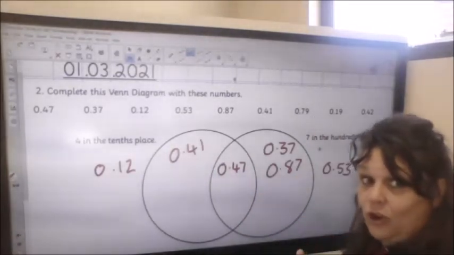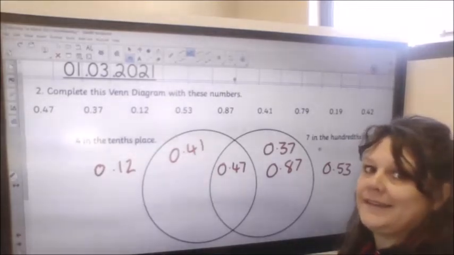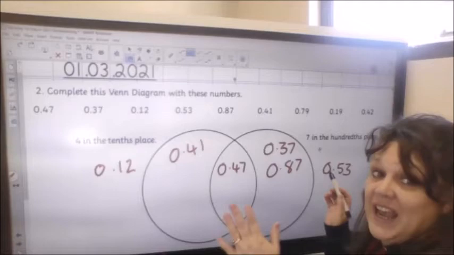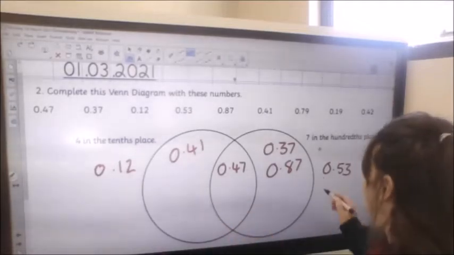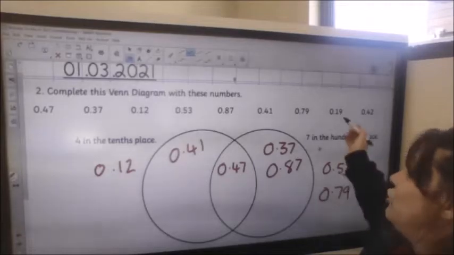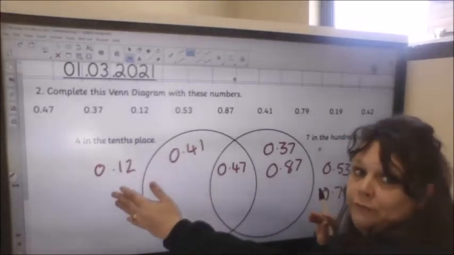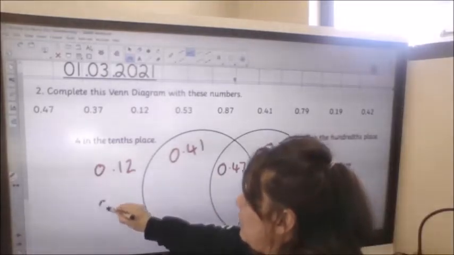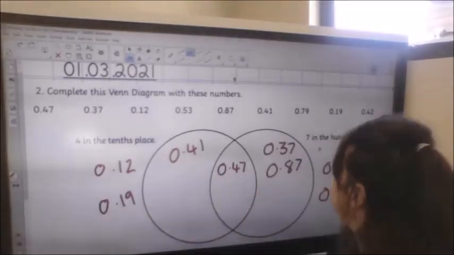0.79, it has got a 7 in it, but it's in the tenths column, so it doesn't fit our Venn diagram. So we put it on the outside, 0.79. 0.19, no 4 in the tenths column, no 7 in the hundredths, so it could go round the outside, 0.19.